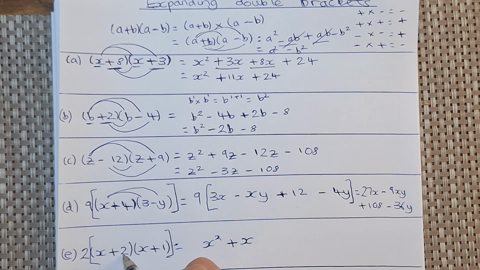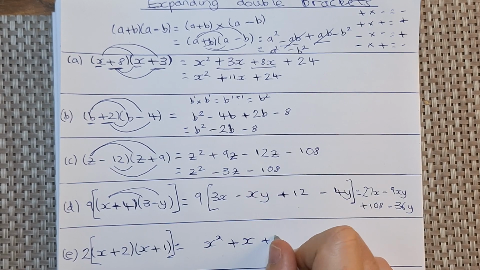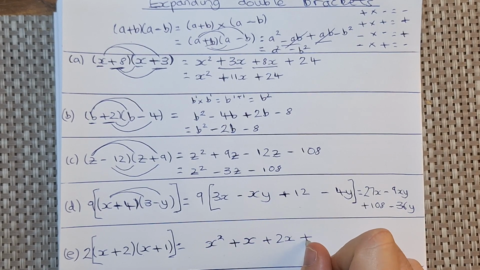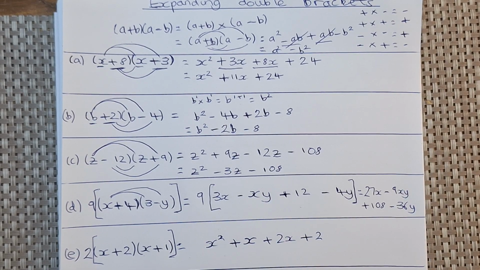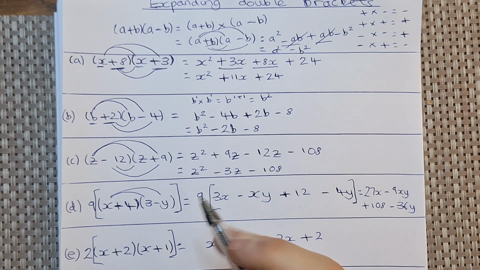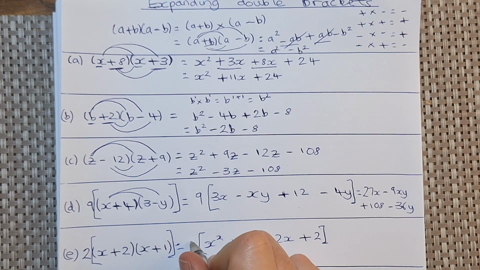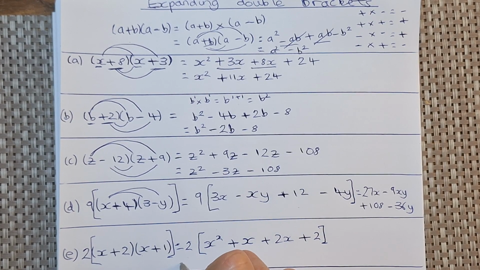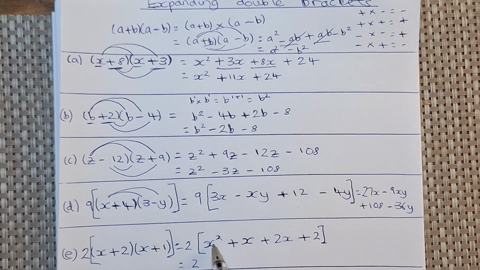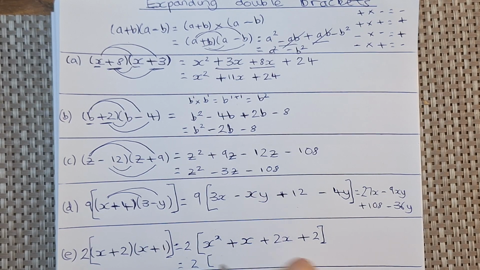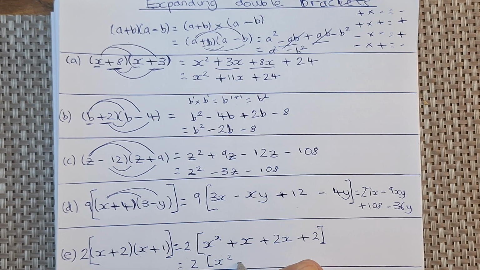And then we do 2 times x, which is positive 2x. 2 times 1 is plus 2. And then that has to be multiplied by 2, but before we do that, we simply need to simplify the answer. So x squared is fine, but you've got x plus 2x, which is plus 3x. And then we've got plus 2.